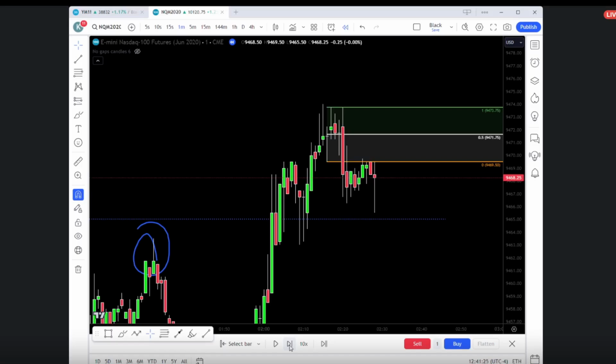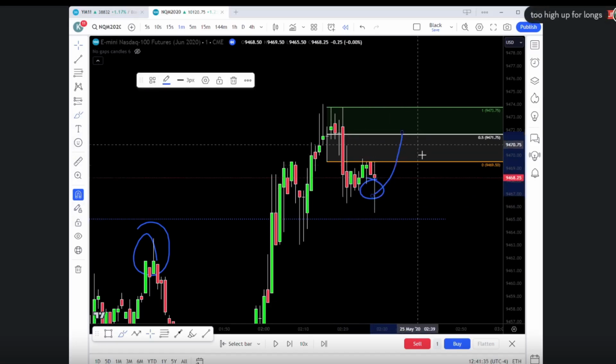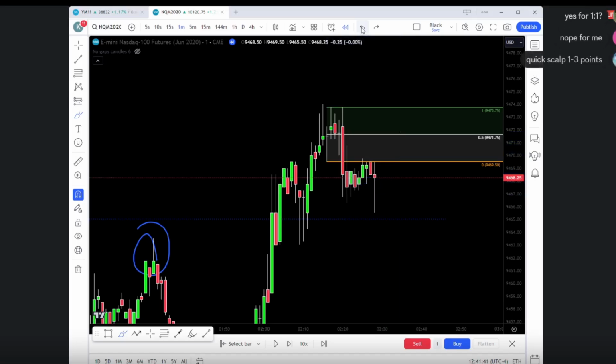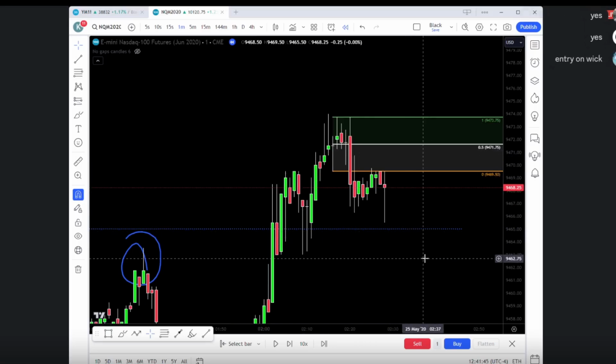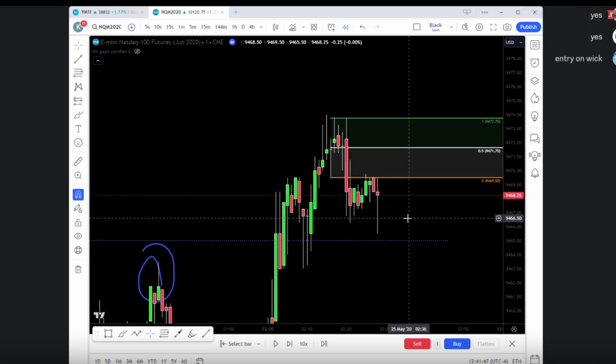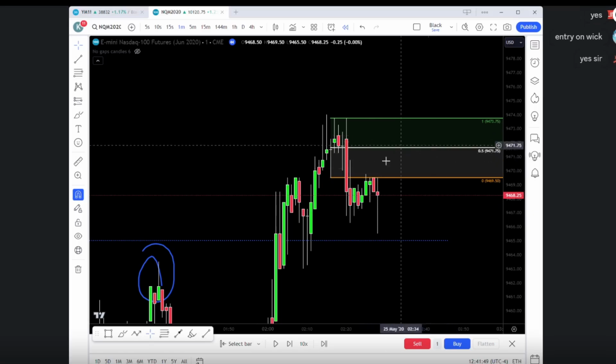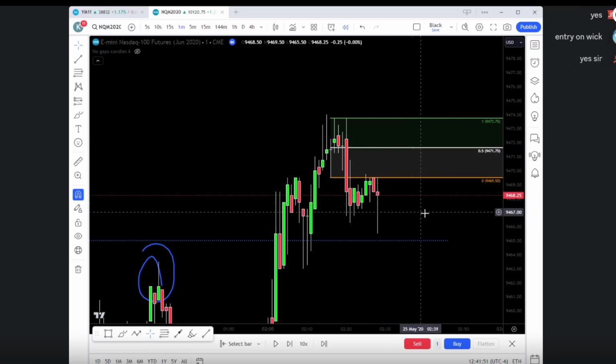Anybody thinking long here? Could we go long here to target this for a few points? Right? That doesn't necessarily mean we're not stalking shorts, right?